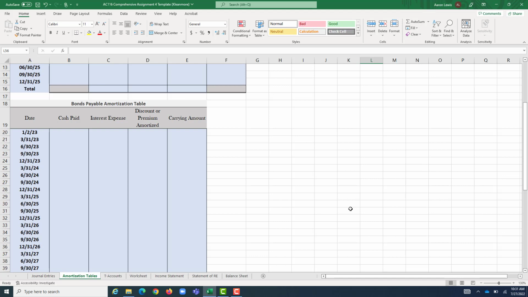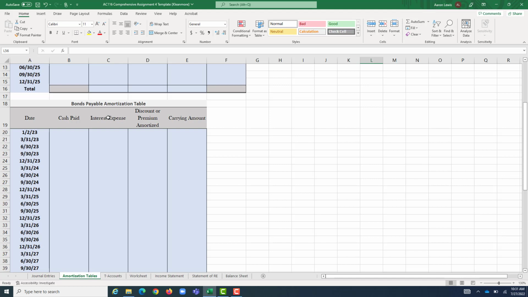The amortization table for a bond always has 4 columns. Cash paid is the amount of interest that you are going to have to pay on that date. It's how bonds work. You agree to your bondholders that they're going to give you a chunk of money up front. You're going to pay them little periodic amounts of interest. And then at the end, you're going to repay them the full balance of face value of those bonds.